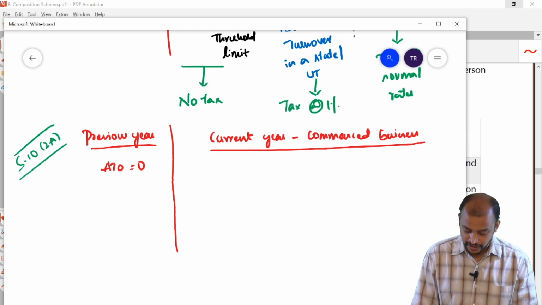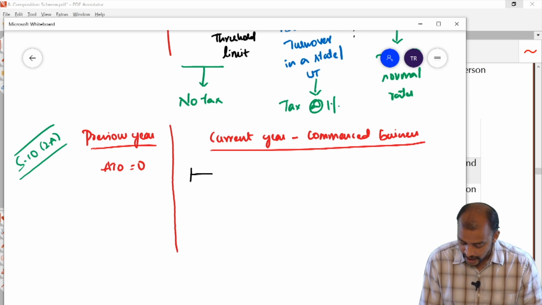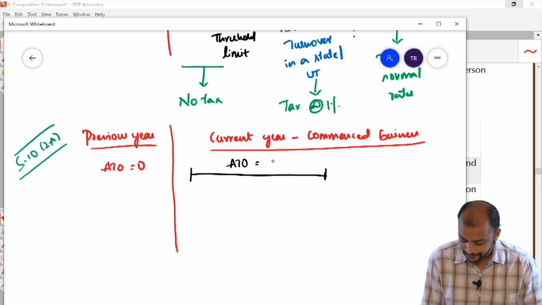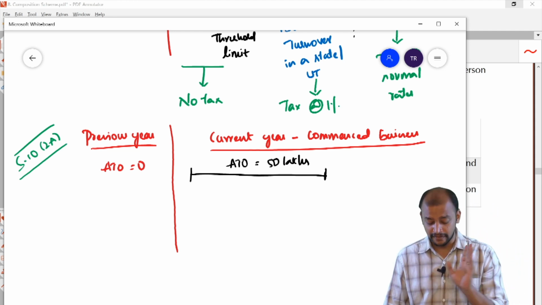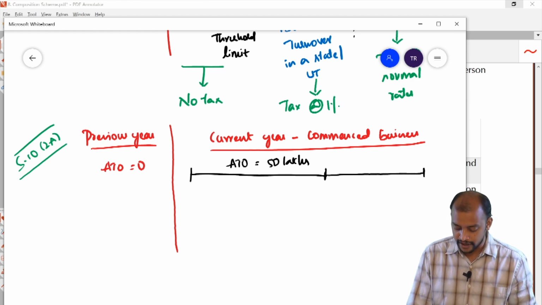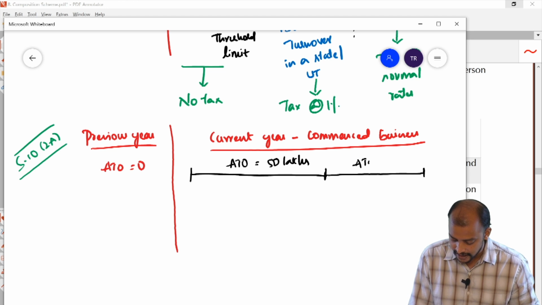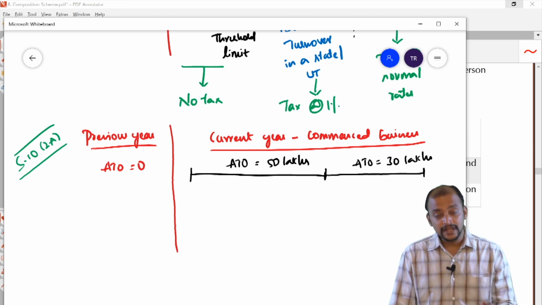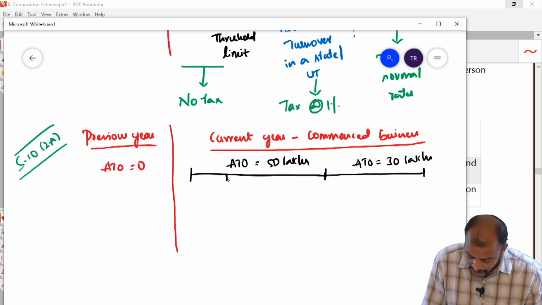Now what is that we need to analyze? That is up to 50 lakhs aggregate turnover, and here aggregate turnover beyond 50 lakhs. Say this aggregate turnover is 30 lakhs. Now in this 50 lakhs, again we have the threshold limit.